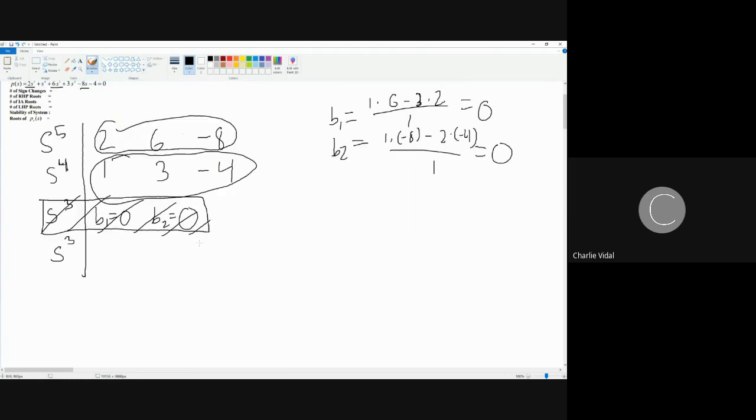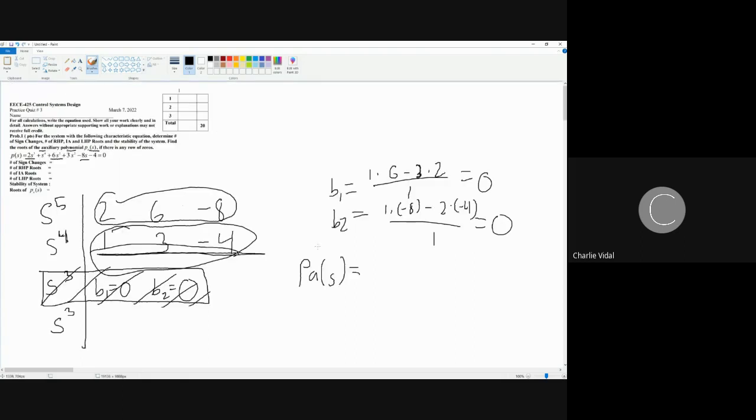Well, we're going to find PA of S. What is PA of S? Well, it's whatever the last row was. So we're going to focus on this row over here, right? And we're just going to put the coefficients with the S's.